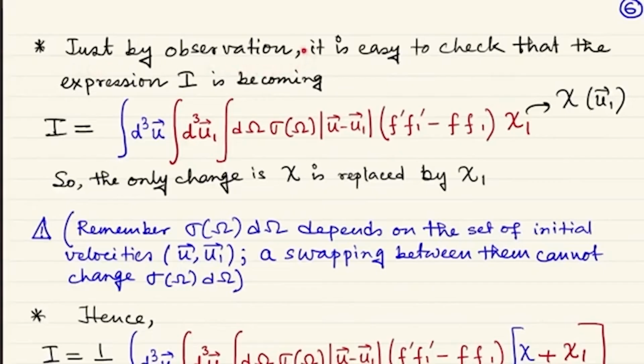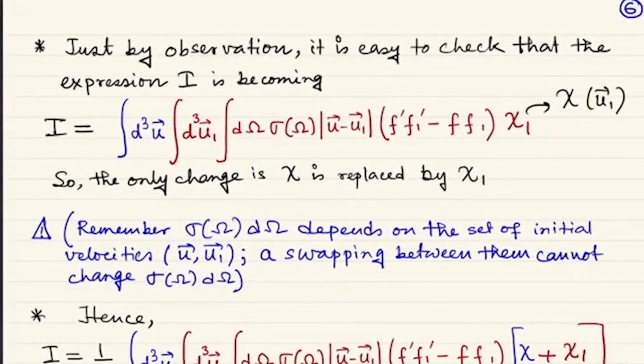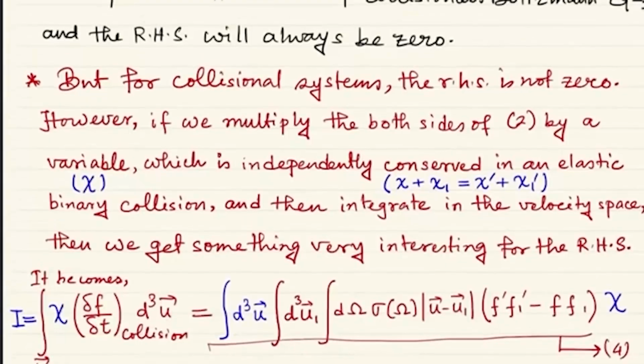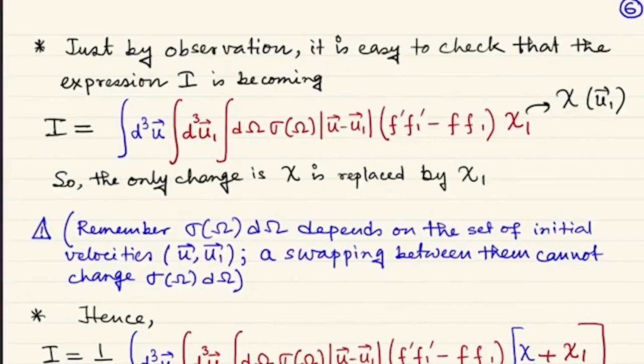Now just by observation you can easily check that this integral I, which I have written over here, just becomes this one if you simply swap u and u1. Then of course all the u will be u1, and chi will be chi1, because chi1 is nothing but chi of u1.